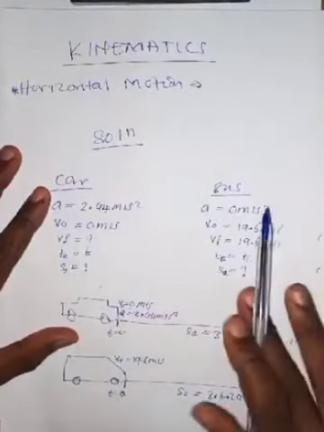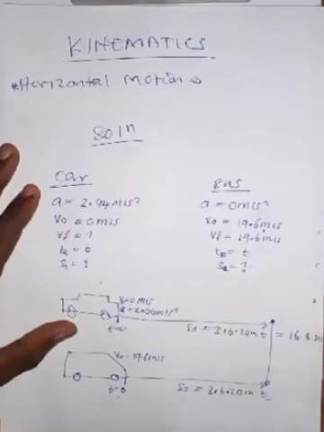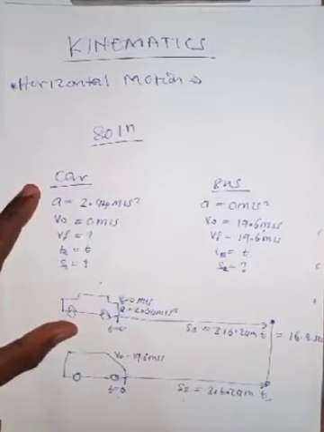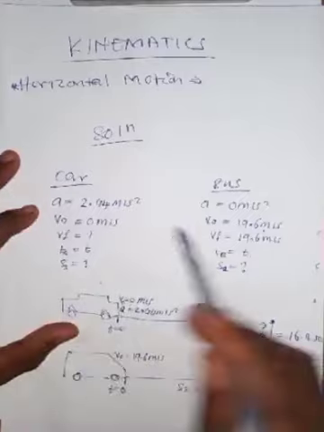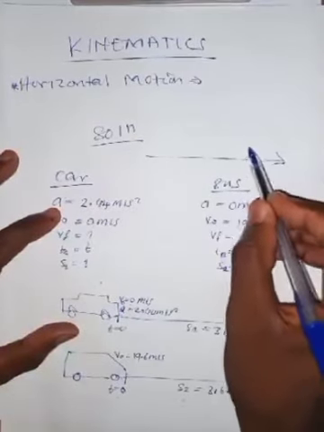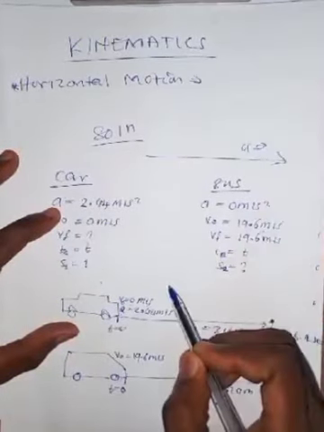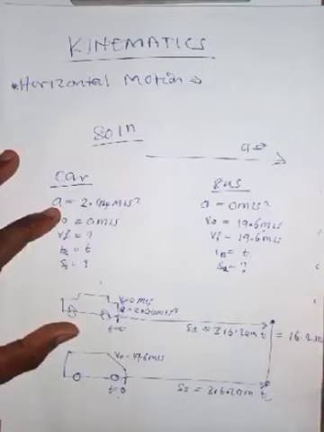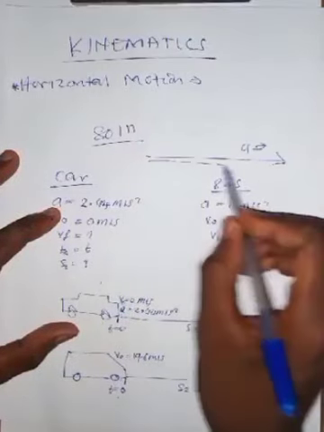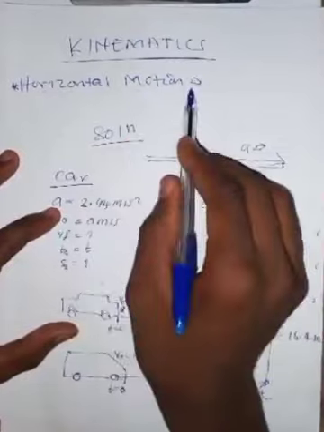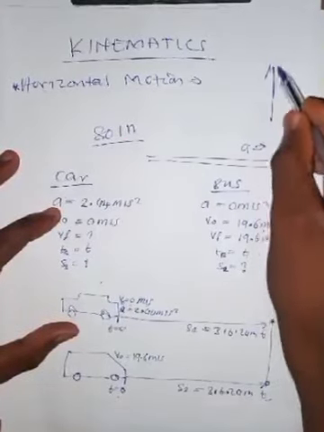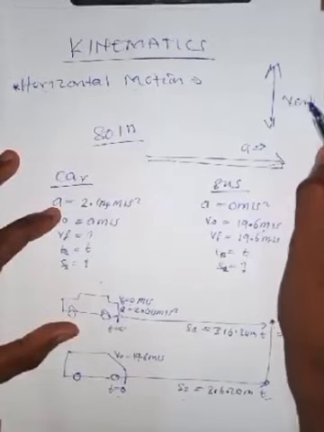Horizontal motion, we are talking about a car. A car cannot move going upwards. That is impossible. We can't have a car moving upward, going against gravity or falling. A car moves in a horizontal manner, so it has its own acceleration. Are we together, Innocent? The car has its own acceleration because it's horizontal motion.